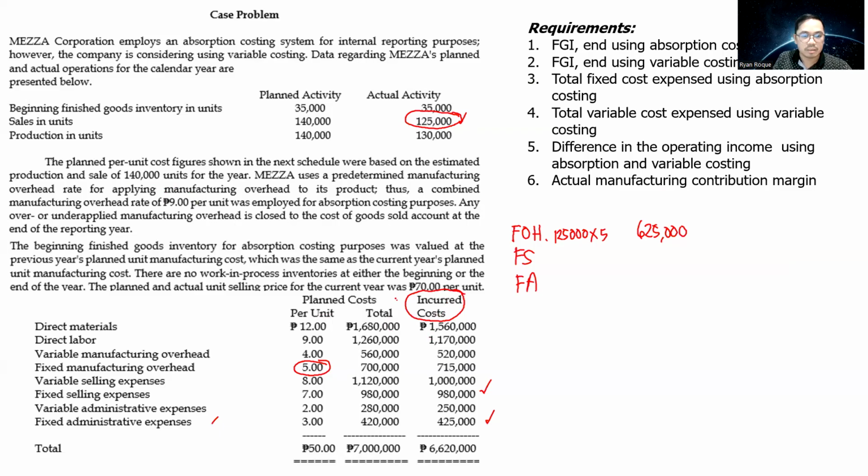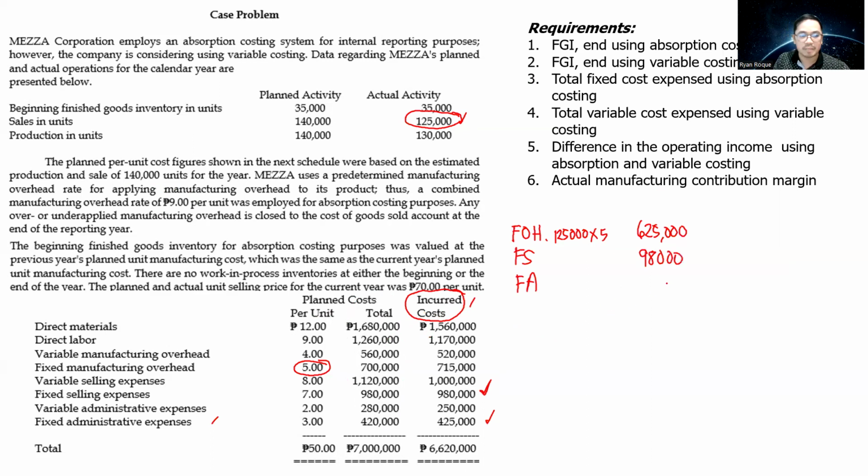We will take the incurred or actual cost because that is what we expense. So this planned cost will only be our guide or the budget, based on the 140,000, but we will always have to adjust. We have to prepare a flexible budget. But when we are asked for the amount to be expensed, that would be the actual incurred cost. So for fixed selling, that would be 980,000.